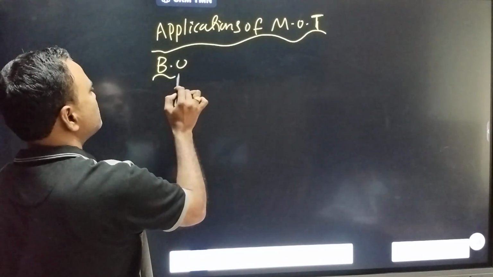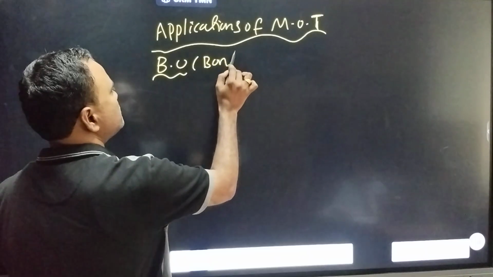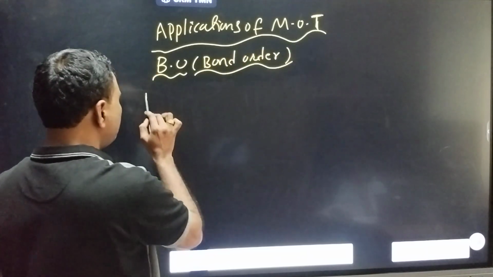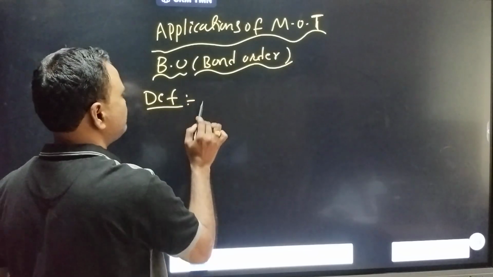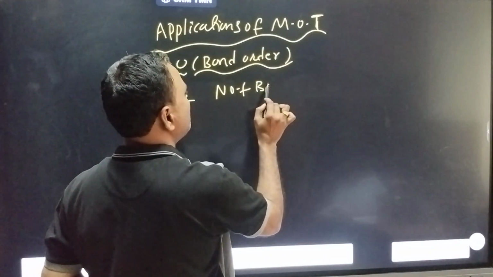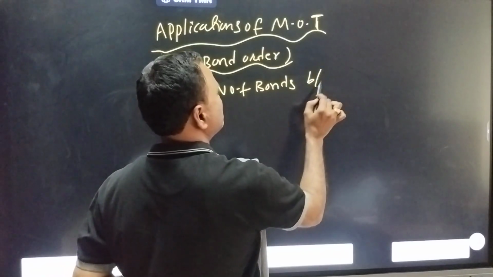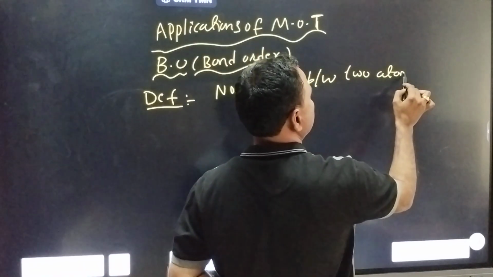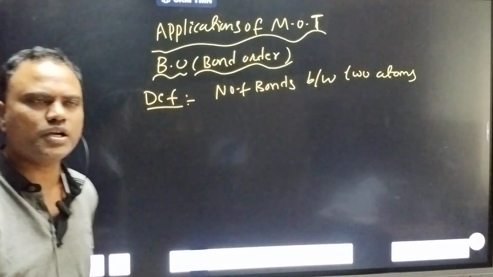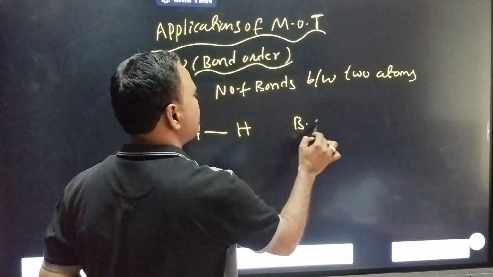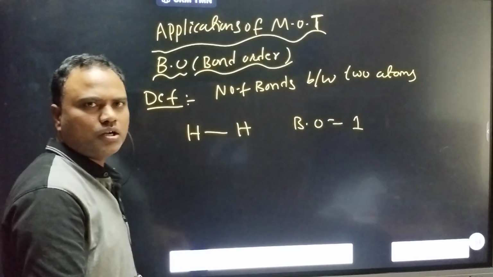BO stands for what? Bond order. What is the definition of bond order? The number of bonds between two atoms is called bond order. In between two hydrogens, how many bonds are present? One, so the bond order is one.